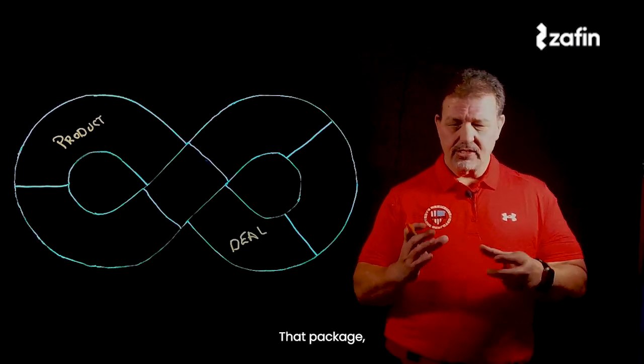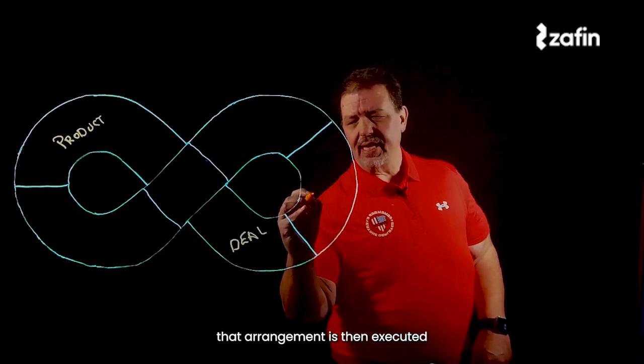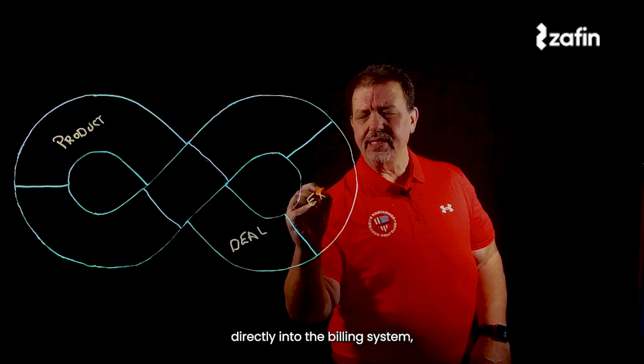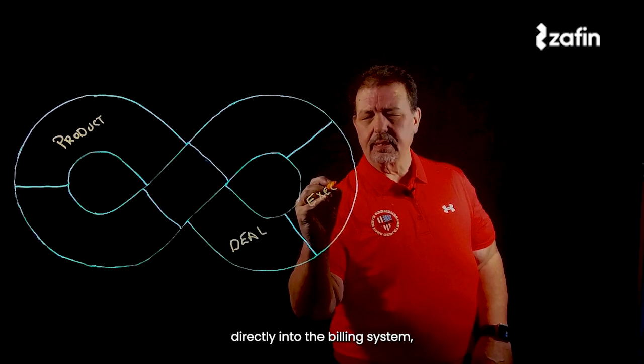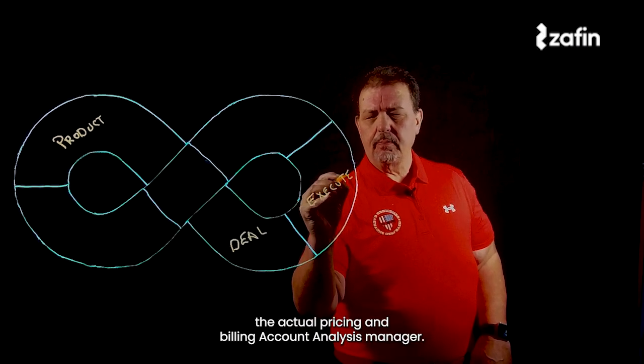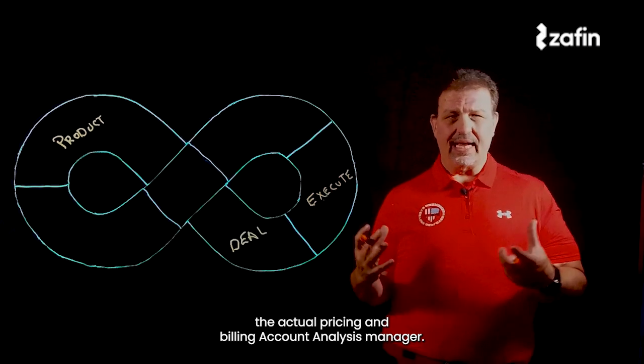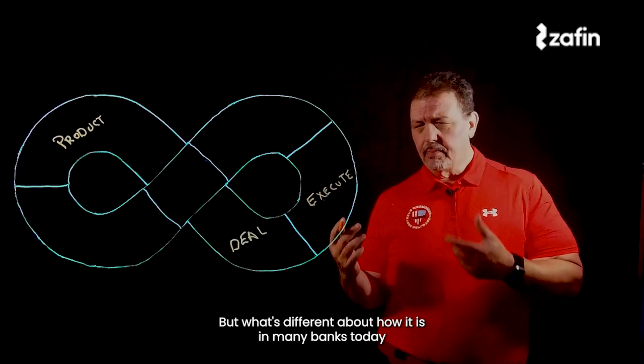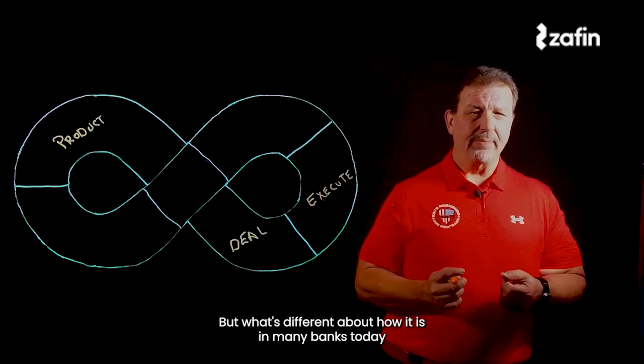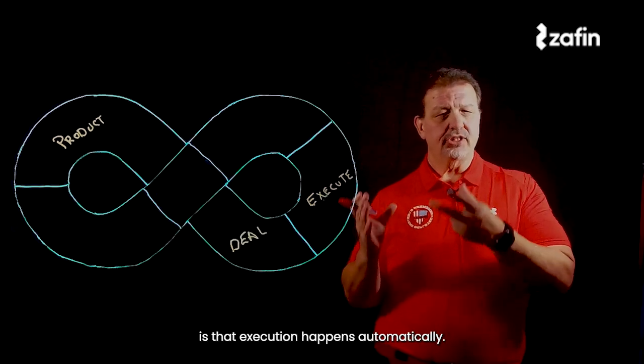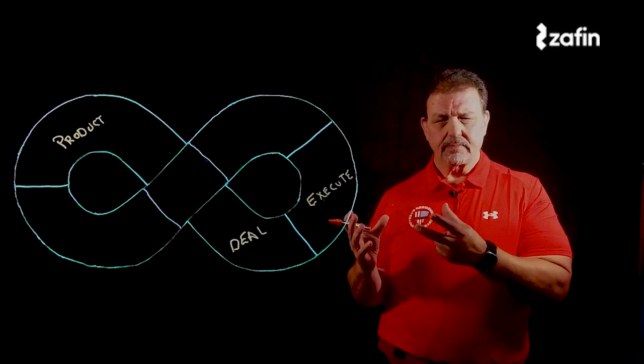That package, that arrangement, is then executed directly into the billing system, the actual pricing and billing account analysis manager. But what's different about how it is in many banks today is that execution happens automatically.